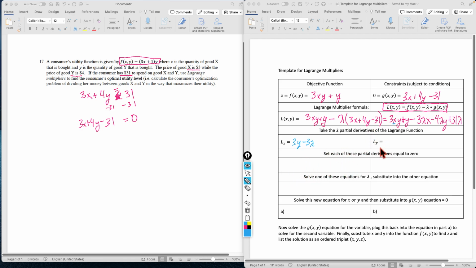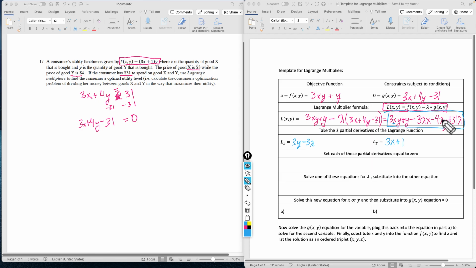Let's go ahead and get the partial with respect to y. So I come back to my function here again, do the same thing, but I'm going to take the derivative with respect to y. So 3xy, its derivative with respect to y is 1, so the leading term is going to be 3x. Plus y, derivative of y is 1, so that's a plus 1. Derivative of negative 3 lambda x, that's all a constant, that derivative is 0.